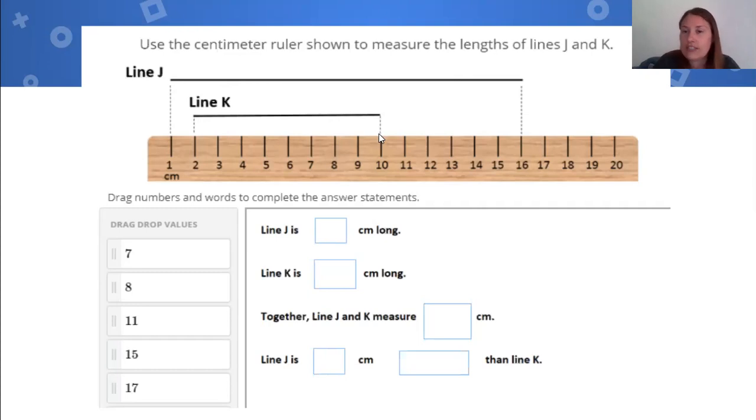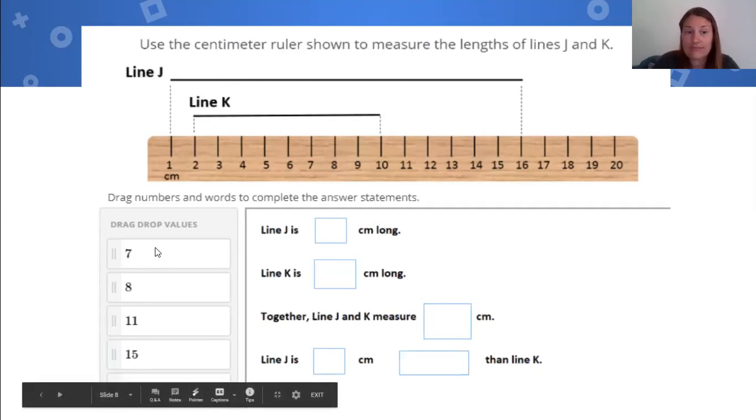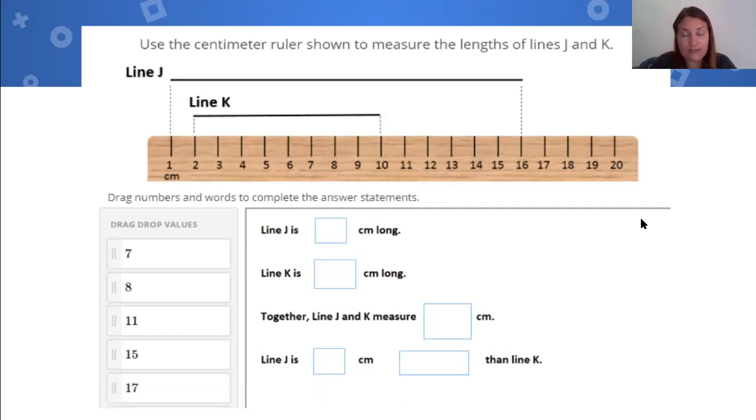Oh, it's obviously 10 centimeters. Well, it doesn't start at the edge of the ruler, so you actually have to find out what the difference is. You have to count on. So don't just look at that biggest number and think that's what it is. Because if you'll notice here, those numbers aren't even listed for you to pull from. So don't get tricked. Look at what the difference is.